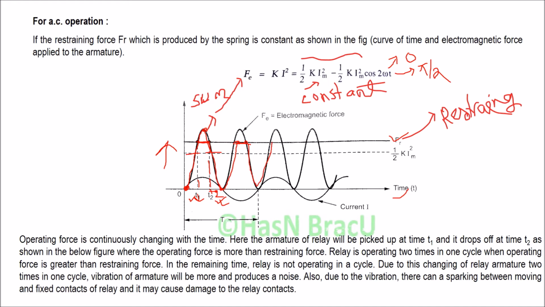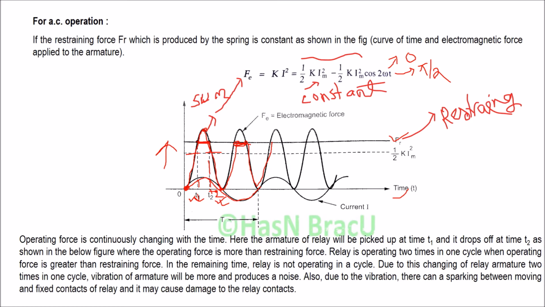So you can find here the relay is operating 2 times in every cycle when operating force is greater than the restraining force. If this is the total cycle, then we can say relay is operating 2 times, from this point to this point and from this instant to this instant, 2 times in every cycle.